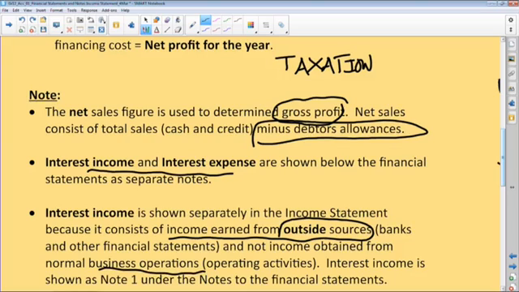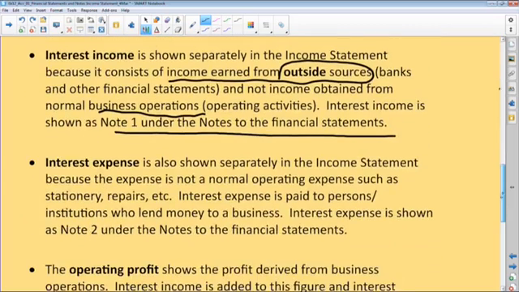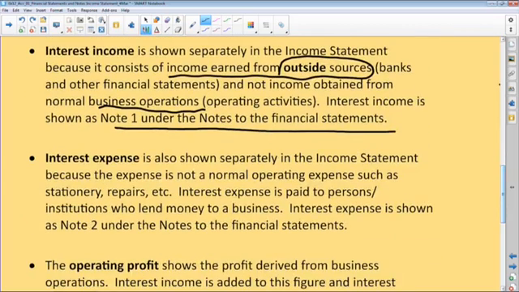Interest income is shown as note number 1 to your financial statements. When it comes to interest expense, it's also shown separately in your income statement because interest expense is not an operating expense such as stationery, repairs, etc. Interest expense is paid to persons or institutions who lend money to our business, and therefore it is not an operating expense but a financing expense, a very, very important item that you need to take into consideration.